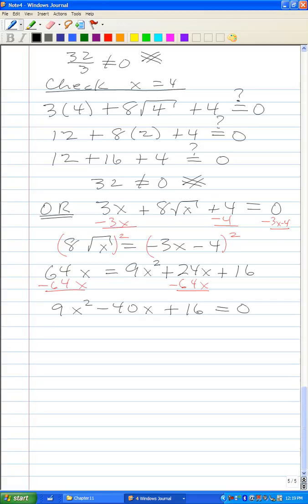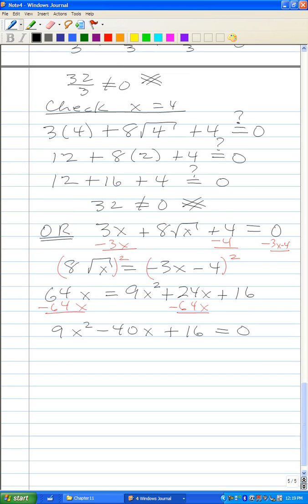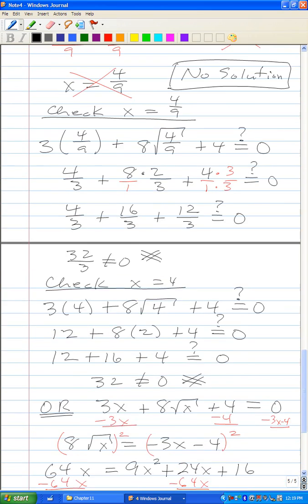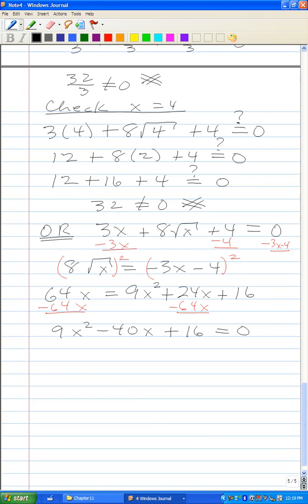Okay. So, let's try to factor this. I get here 9x squared minus 36x minus 4x, which is minus 40x, plus 16 equals 0.